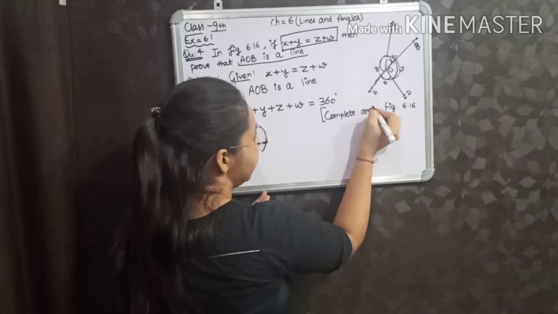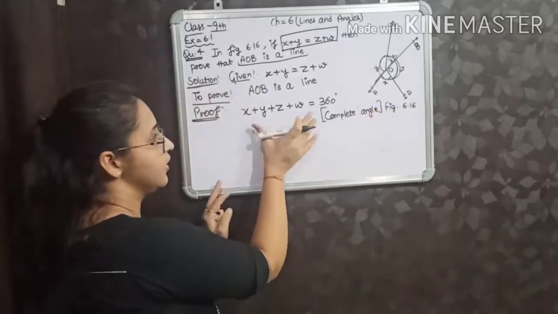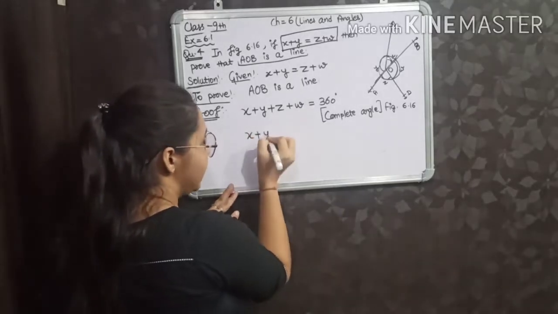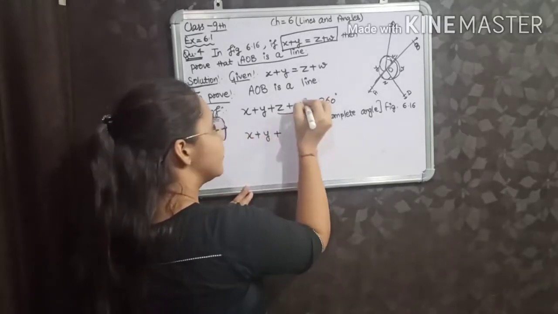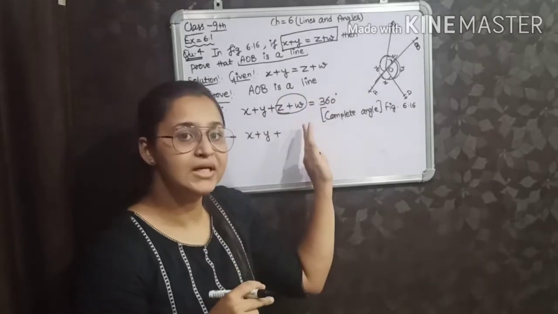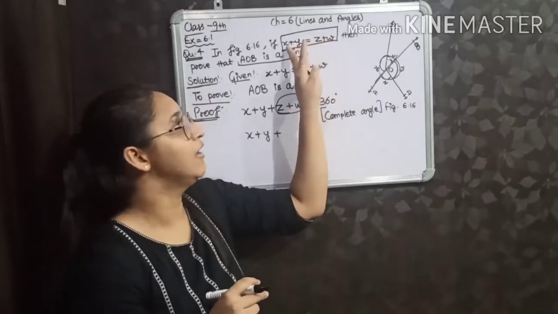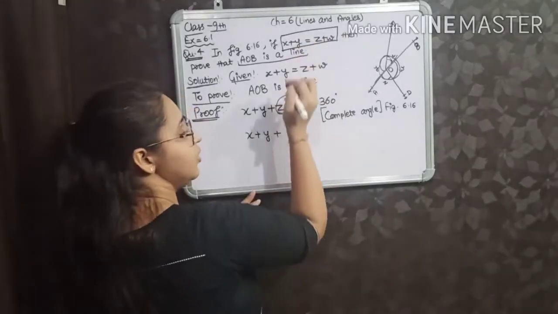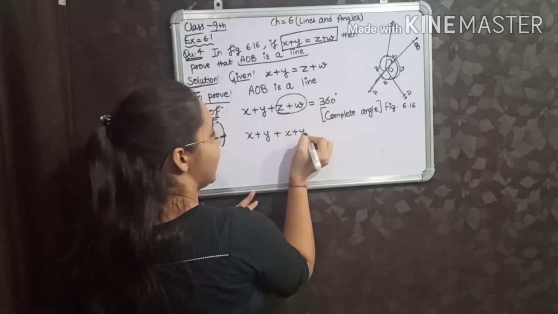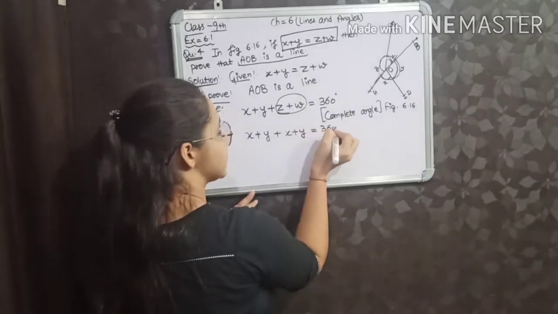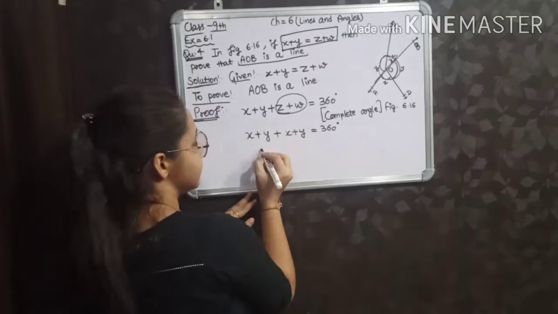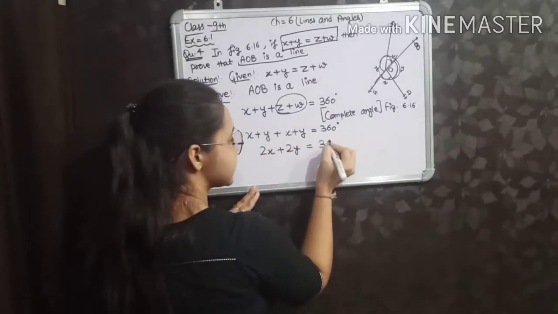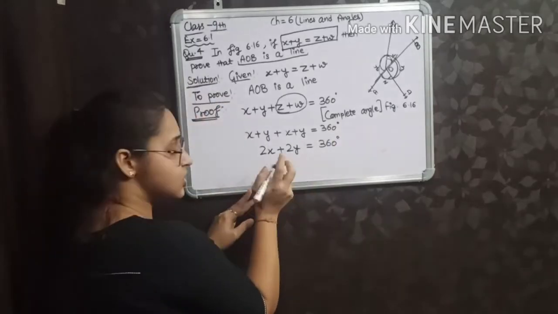Okay. Now use the given condition. This is our equation. Now in place of z plus w, we have x plus y by the given condition. So we can replace z plus w by x plus y, and it is equal to 360 degrees. Now x plus x is 2x, plus 2y is equal to 360 degrees. I can take 2 as common.